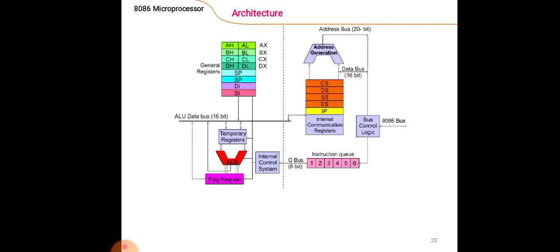The assembly level language is for user and machine level language is for machine or for processor. So in this architecture all of you will come to know how this conversion is done with the help of different registers inside 8086.